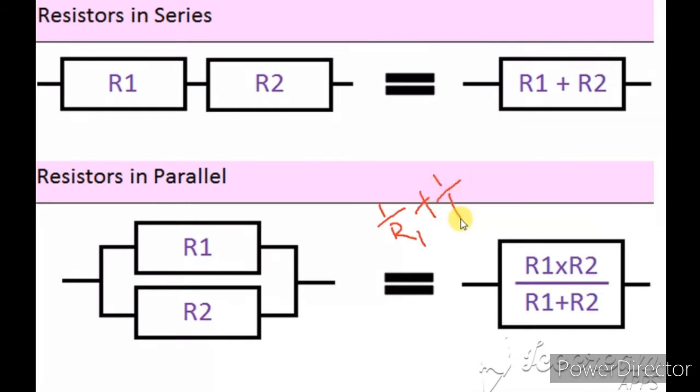Now take the LCM here. So we will be writing R1 into R2 in the denominator, then multiply this term here and this term this side, so we get R2 plus R1.